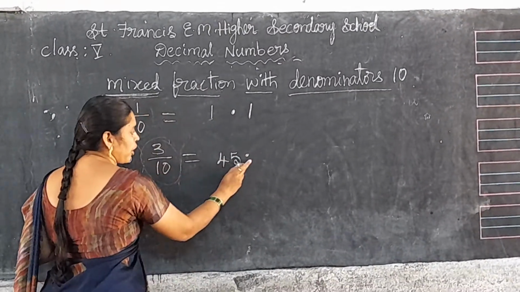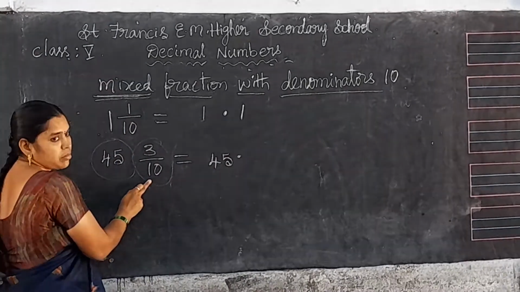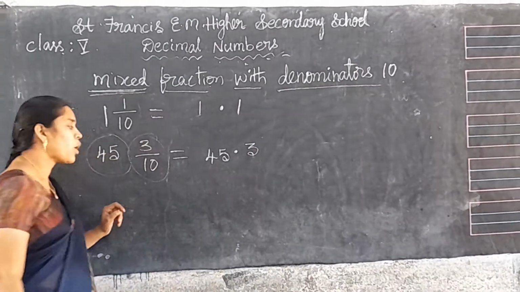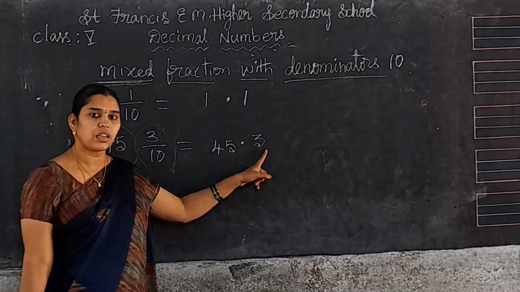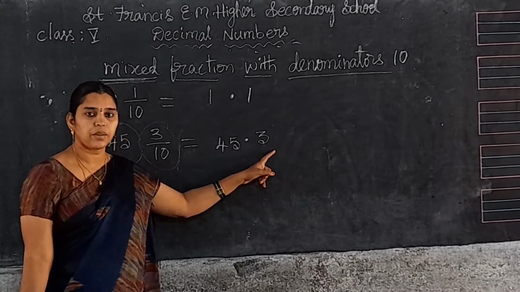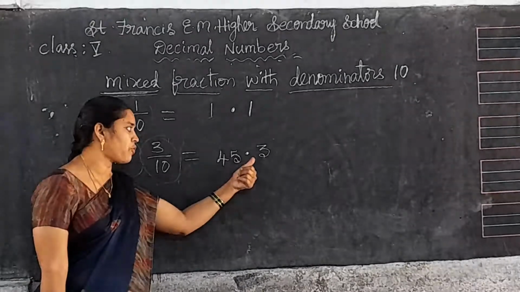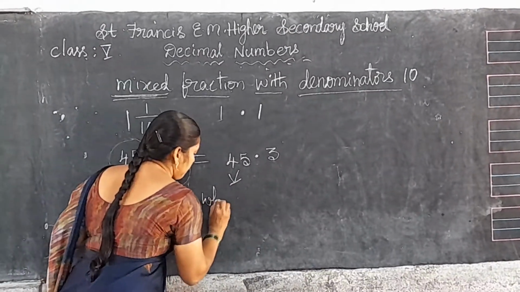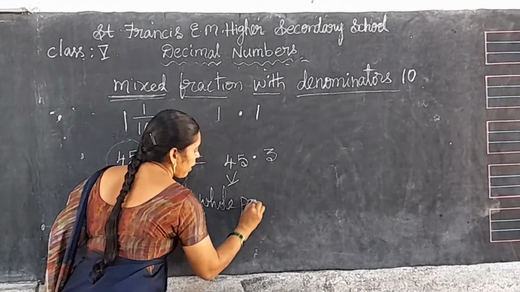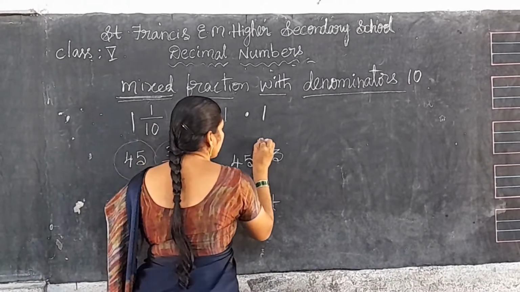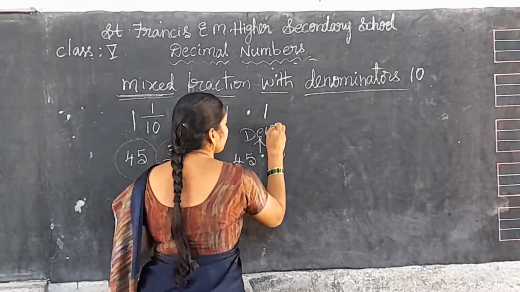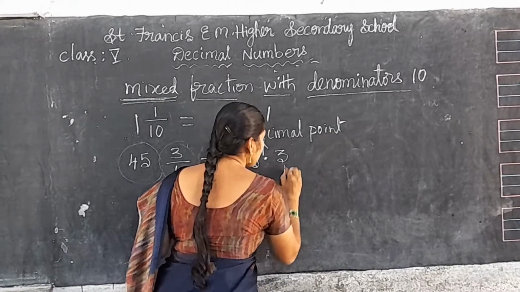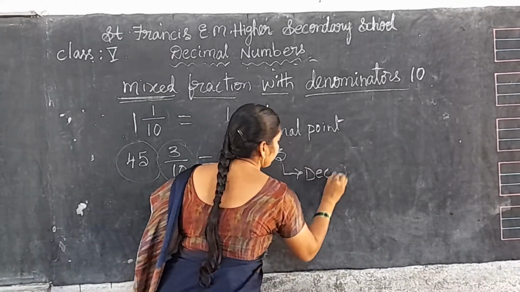So that is 45. 3 by 10 means after the point, 1 number, that is 3. 45.3. Read it as 45.3. This is the whole part and this is the decimal point and this is the decimal number.